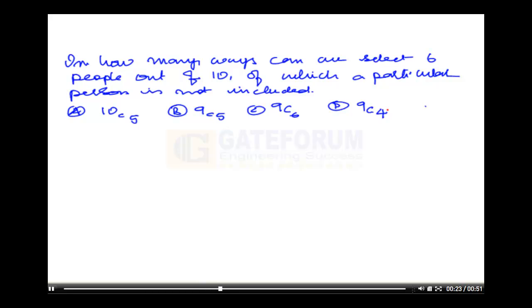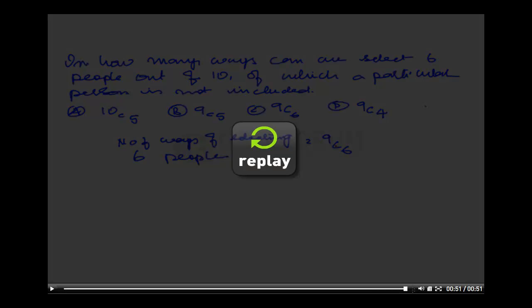So out of these 9 people we select 6, which do not contain that particular person because we already removed him. Therefore the number of ways of selecting 6 people would be equivalent to, because we have just 9, out of them we have to select only 6, hence your answer is C.